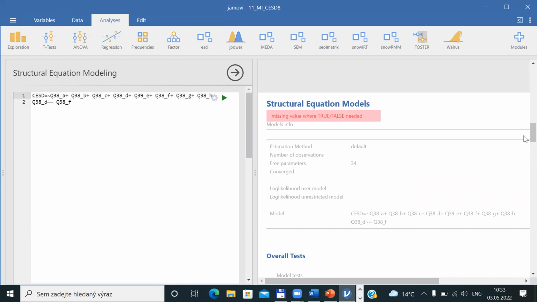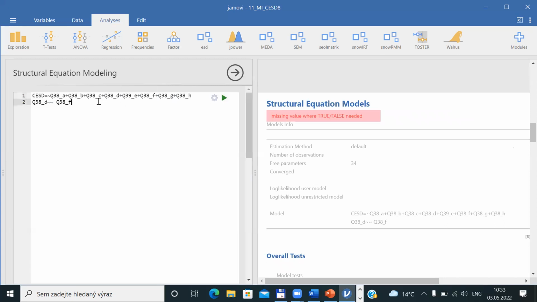That's quite a strange comment. I'm not sure what Jamovi is currently saying the problem is. So I will try to find it. Maybe I will try to cancel these blank spaces, but it should work, I guess. Once again.